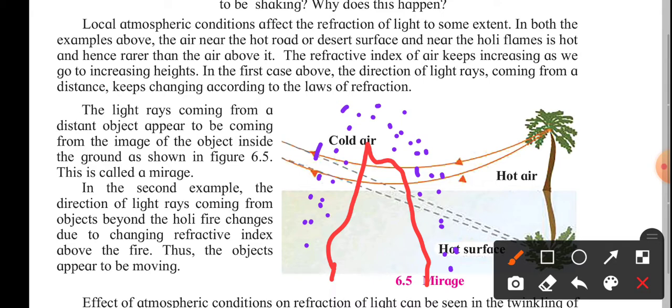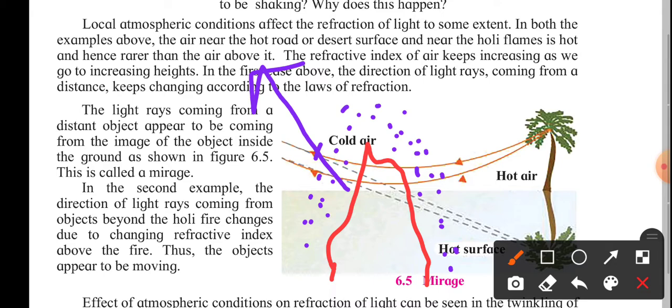Why? Because the temperature is higher. The refractive index of the air keeps increasing as we go to increasing heights. When we go away from it, the temperature reduces, and when temperature reduces the density will increase. Once the density increases, the refractive index will increase.